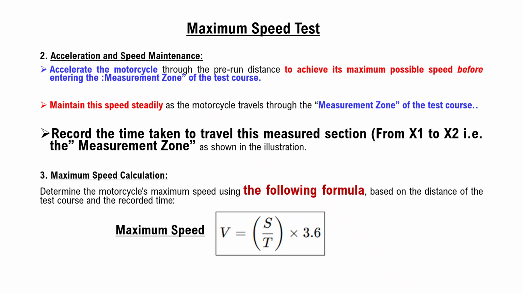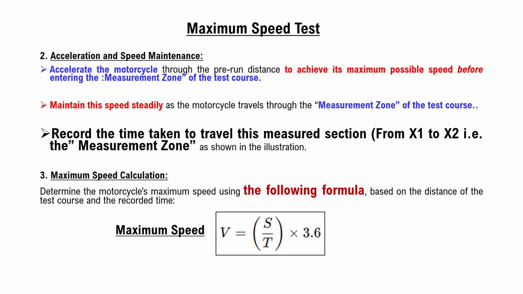The key point is, as soon as the rider enters the test course, he is required to accelerate the motorcycle through the pre-run distance to achieve maximum speed as far as possible before entering the measurement zone of the test course.